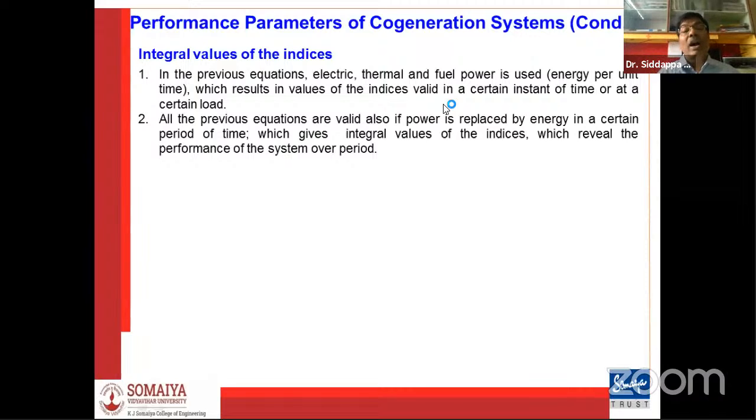Generally, all these parameters we can convert into integral parameters, or time period parameters: how my system is working in 1 hour, 1 year, the next 1 year, the next 1 year. We can translate all these parameters into time period parameters.